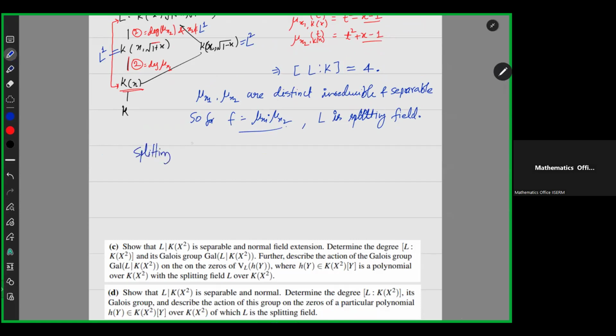Splitting fields of a separable polynomial are Galois field extensions, or separable and normal extensions. Normal and separable.